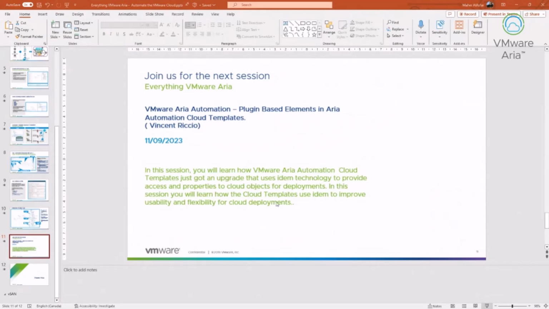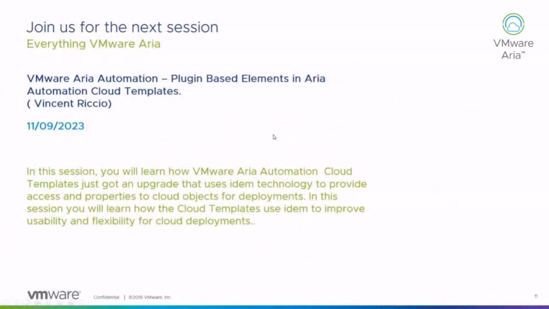And this would be the end of this session. Make sure to join us for the next session on everything VMware Aria with Vincent Riccio about the plugin-based elements in Aria automation cloud templates.